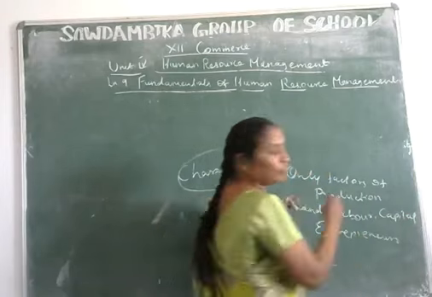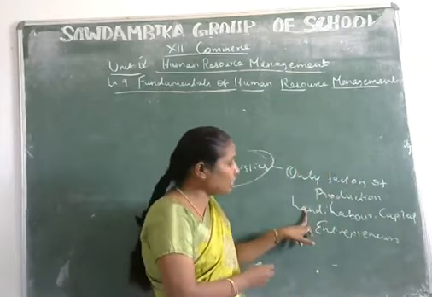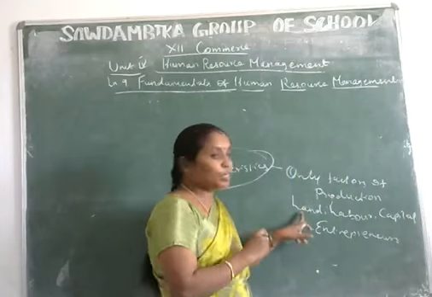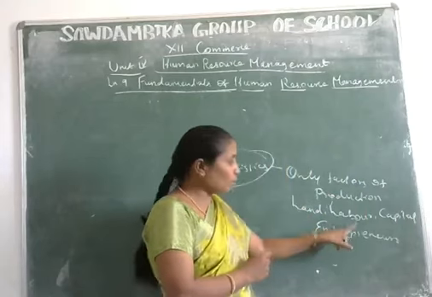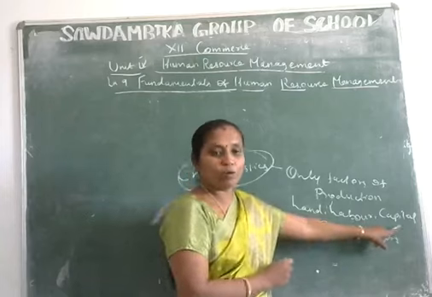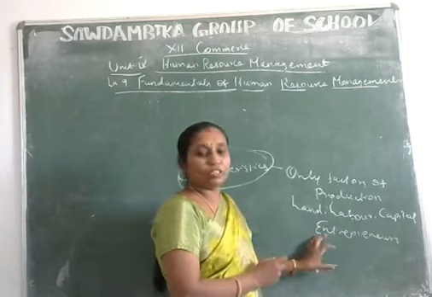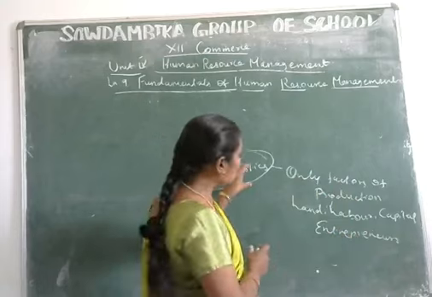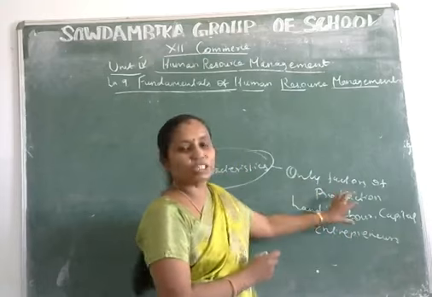Land means not only property, raw material is also land. Labor means workers, capital is the amount of money, and entrepreneurs are innovators. So human resource is the only factor of production that lives.